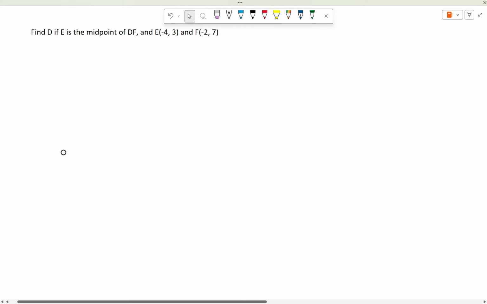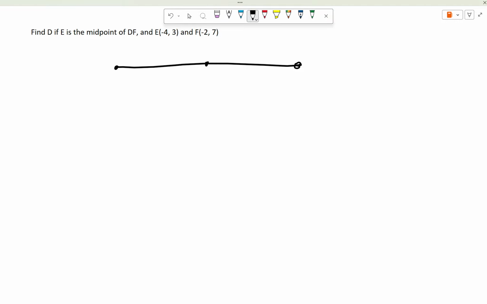Now, here's what we do. I have a line segment. I'm going to show you guys how we do this, and then I'm going to show you a better way in class. I have D, I have E, and I have F, okay? This is what I'm searching for. In other words, I need to find my X comma Y. But what I was given is my midpoint, which is negative 4, 3.